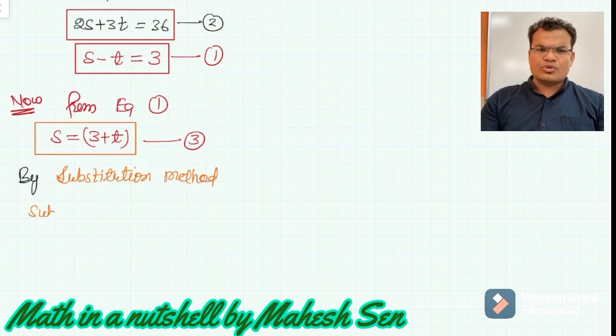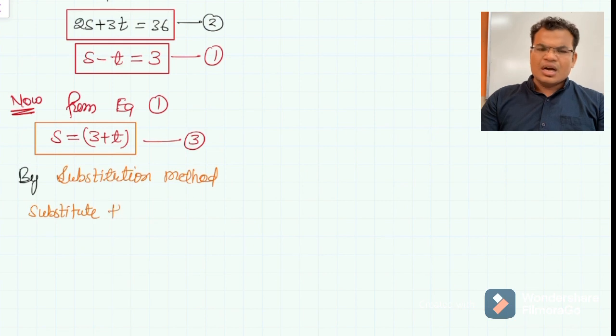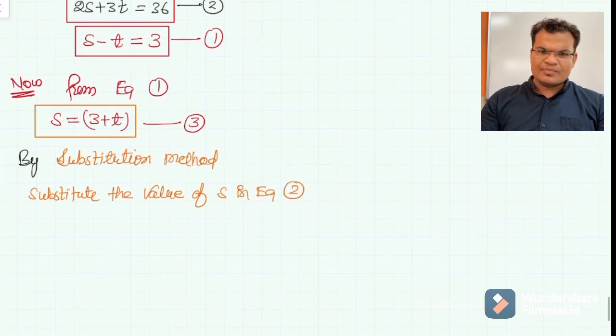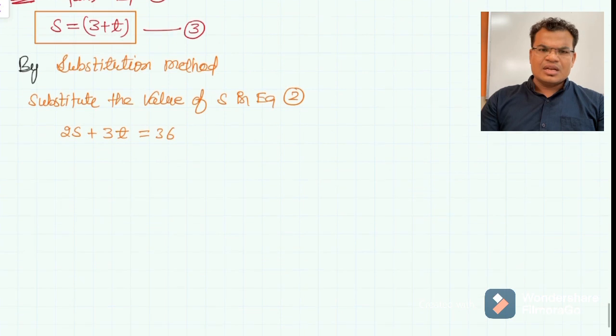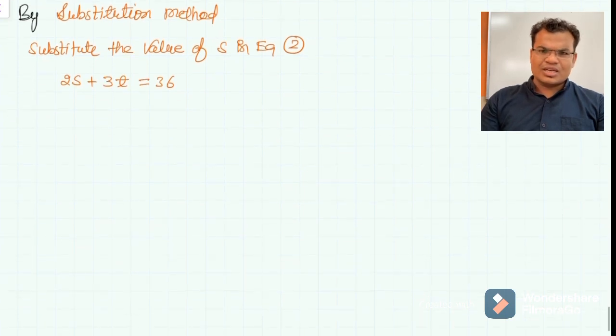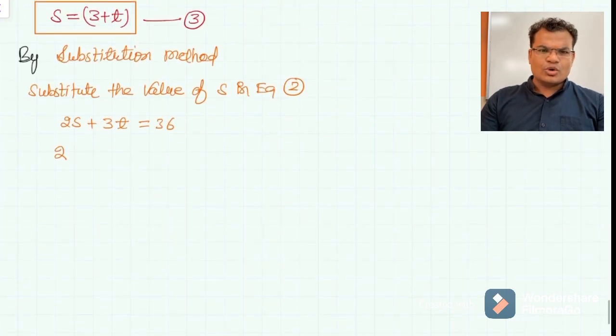First you have to write the equation, and then we'll put the value of s here. Substitute the value of s in equation number 2. So what is equation number 2? 2s plus 3t equals 36 is given. Now s is given here, so just write it down: 2 into s, that is (3 plus t), bracket close, plus 3 into t, as it is, equals 36.